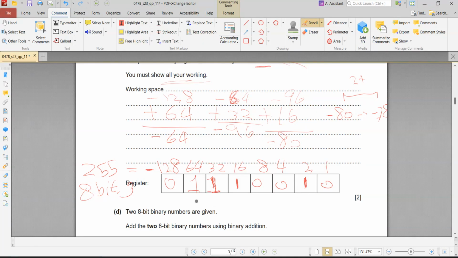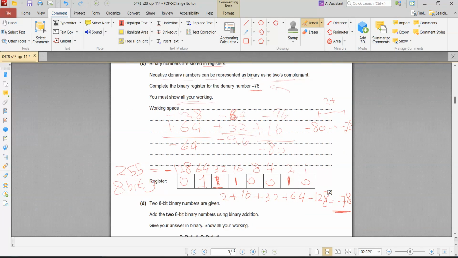And if we add those numbers together, 2 plus 16 plus 32 plus 64, and I add minus 128 to it, it gives me negative 78. So this is your final answer. So this is how you can answer a question of two's complement on this paper.